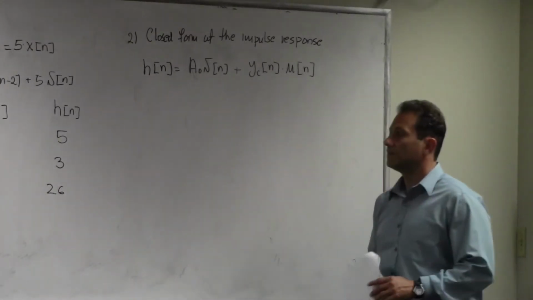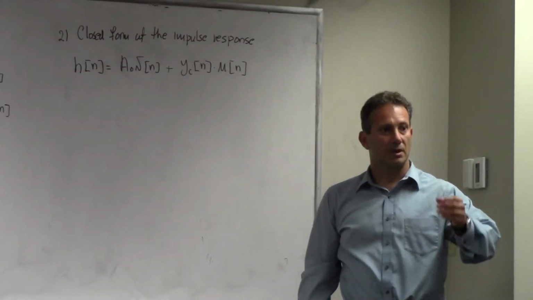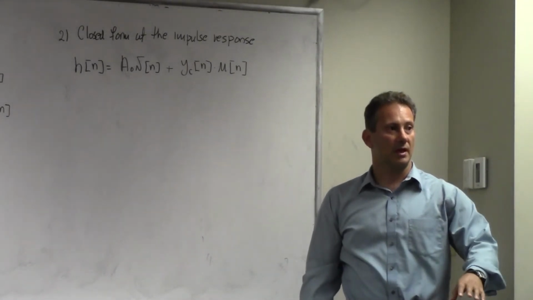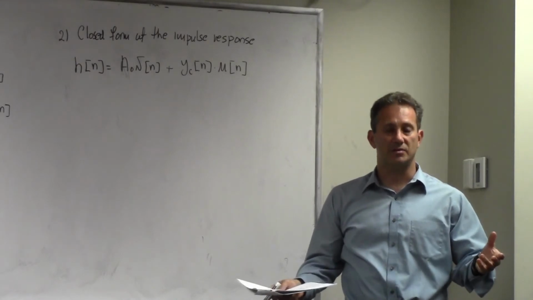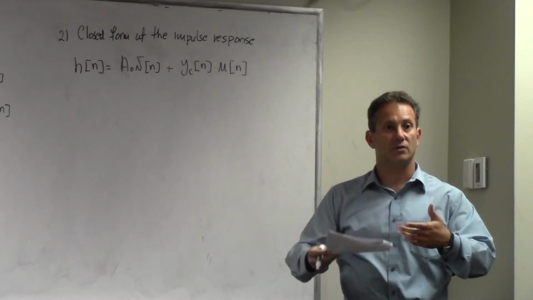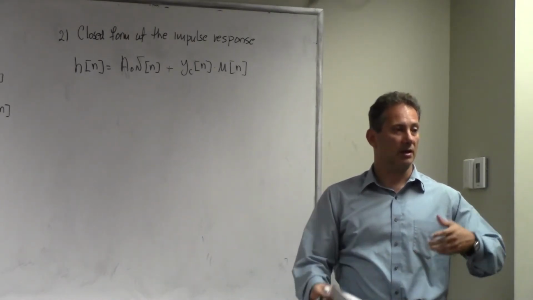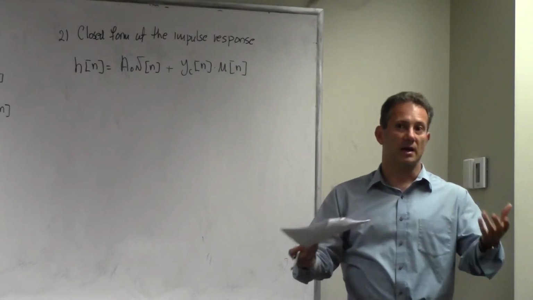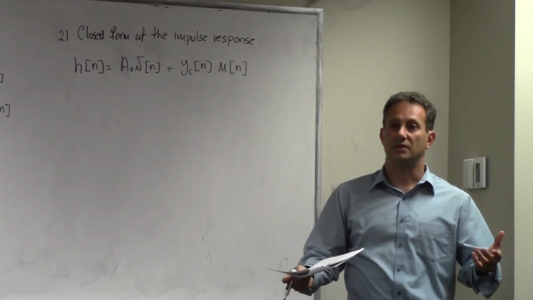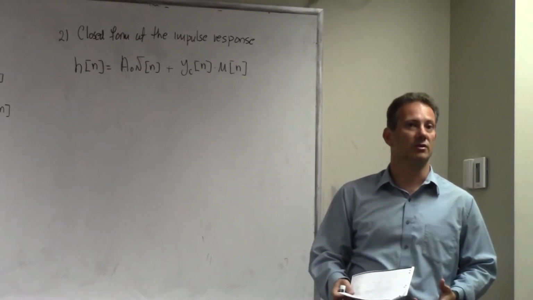Because once the impulse is presented to the system, it disappears, and then you can think of that system as being initialized with some initial conditions and left on its own with zero input. What happens to that system is that it behaves as a zero input system with some non-zero initial conditions.